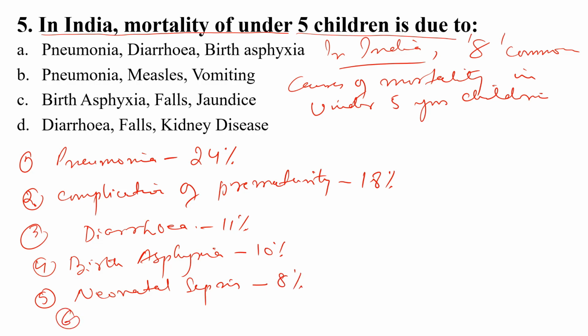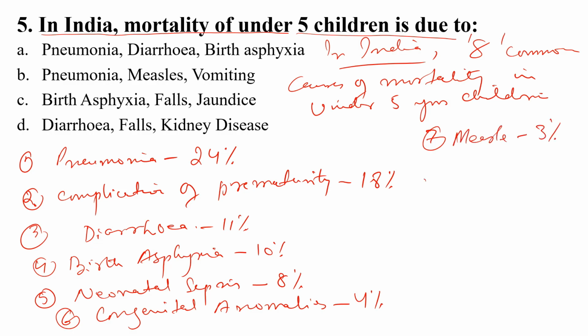Number 6 is congenital anomalies, approximately 4%. Number 7 is measles, 3%. Number 8 is injuries or falls, approximately 3%.